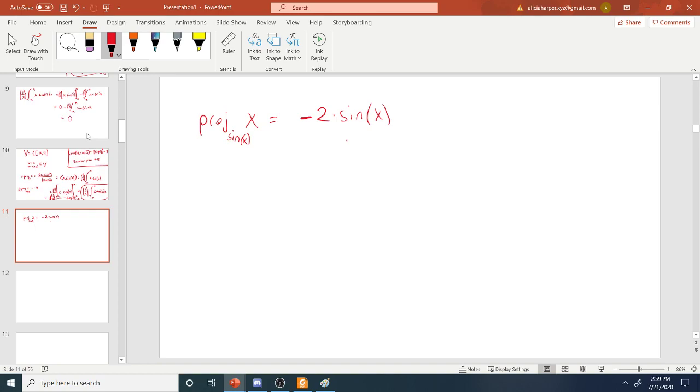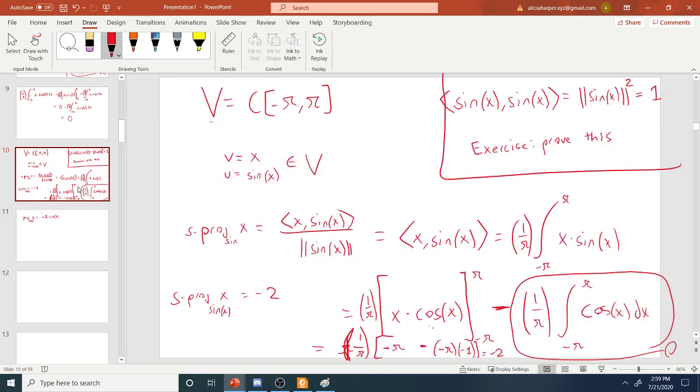So we have now computed both the scalar projection and the vector projection of the function x onto sine of x.